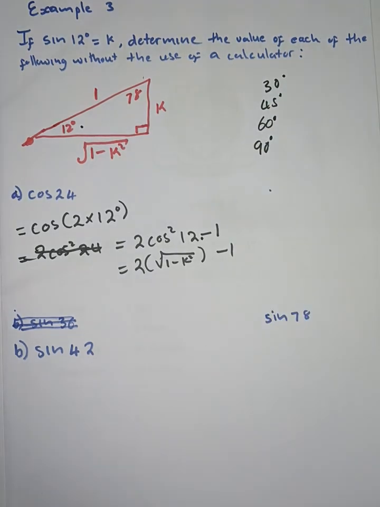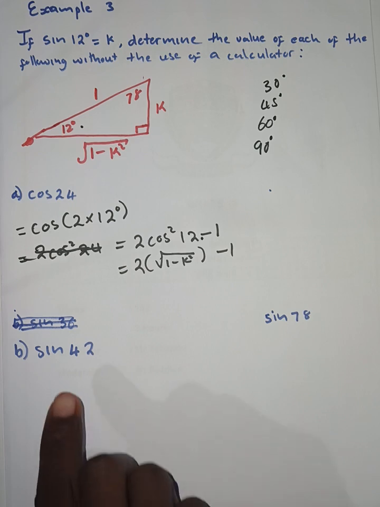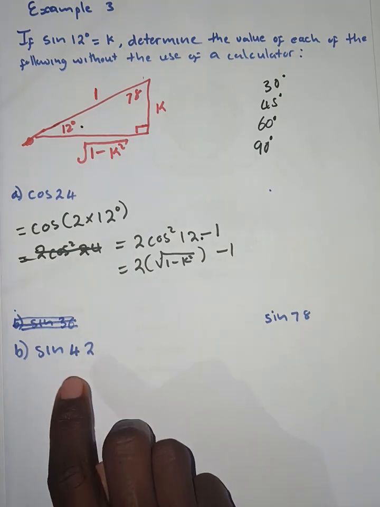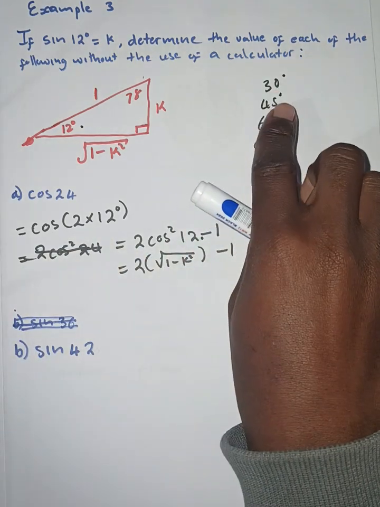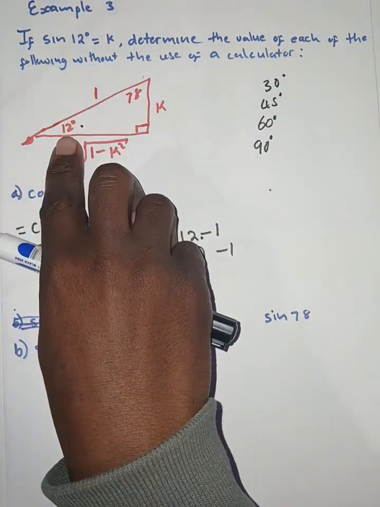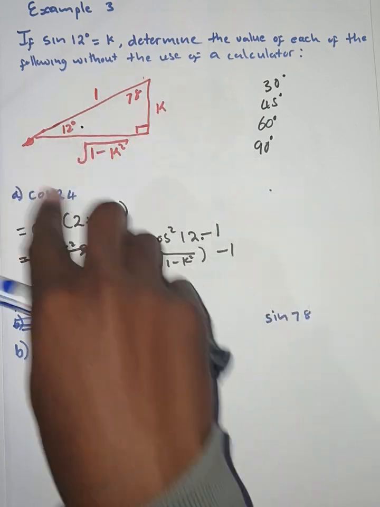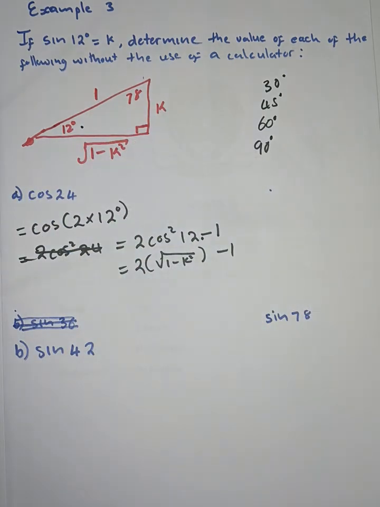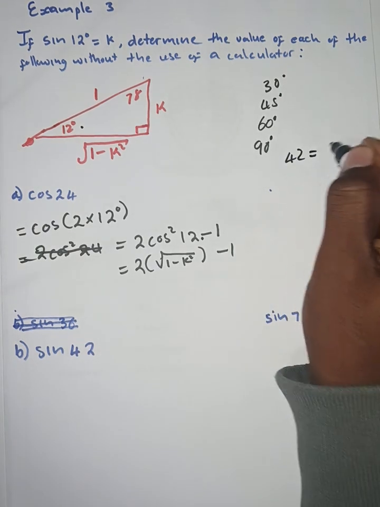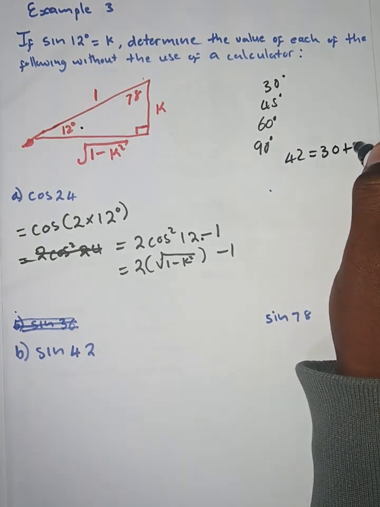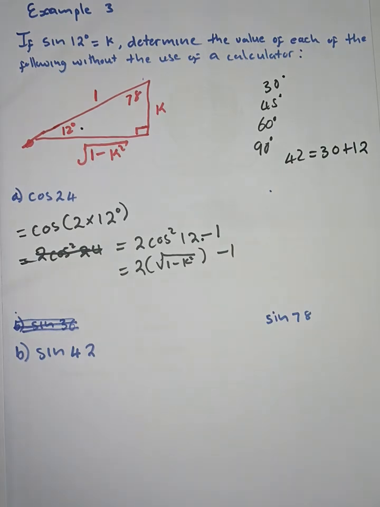So again, you ask yourself, is there a way to rewrite 42 using what we already know? We know the values of those, and we also know the value of 12 degrees in that diagram. So 42 would be the same as 30 plus 12.